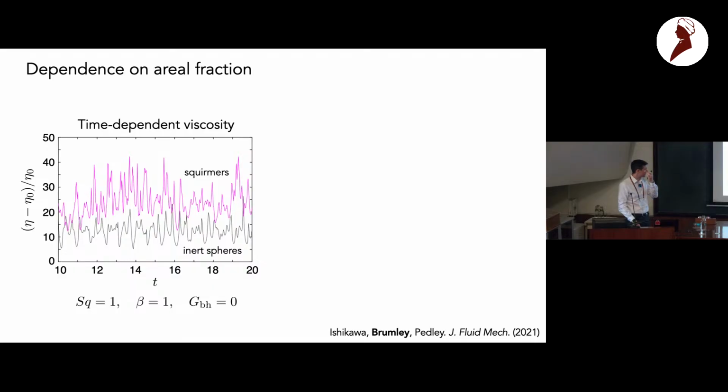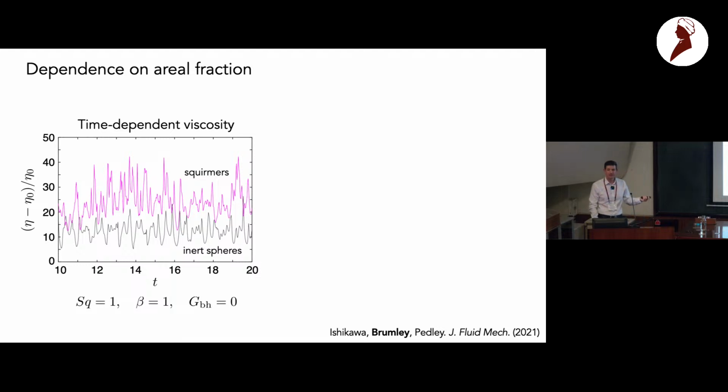So this is a really interesting time-dependent problem, because the viscosity is not just a constant value. As these spheres in the highly packed regime slide and move past one another and periodically jam, you see strong fluctuations in the instantaneous viscosity of the suspension.